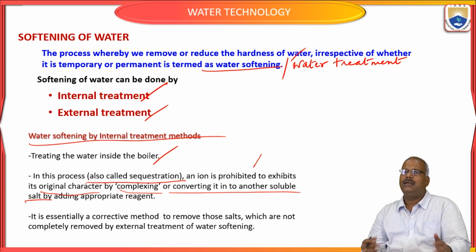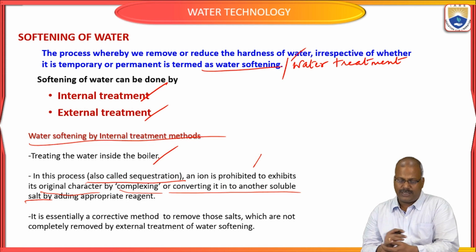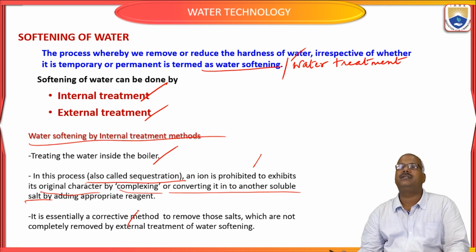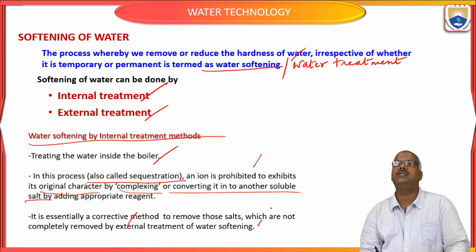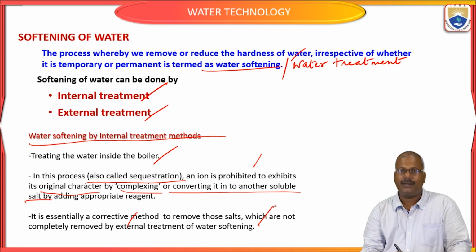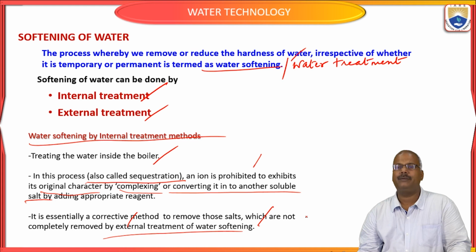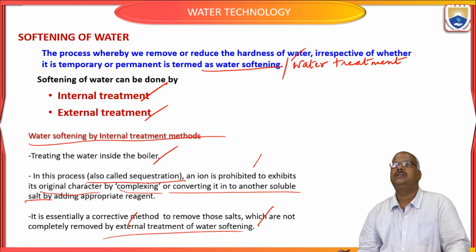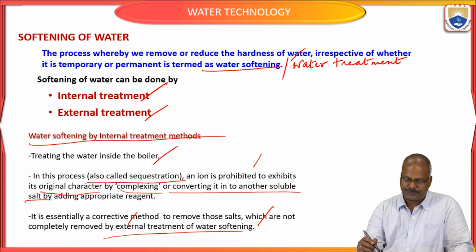It is done not outside the boiler, but inside the boiler. It is essentially a corrective method to remove those salts which are not completely removed by the external treatment of water softening. So it is rather a corrective method than a preventive method.